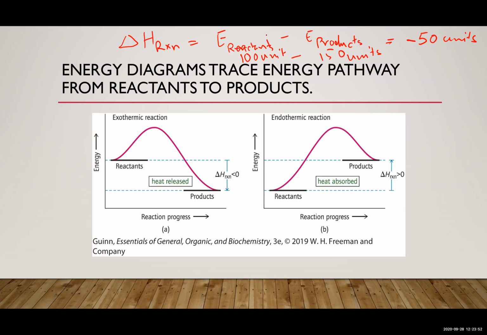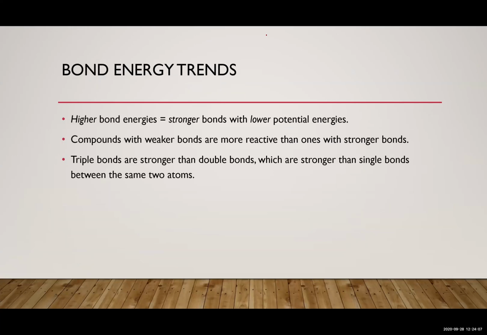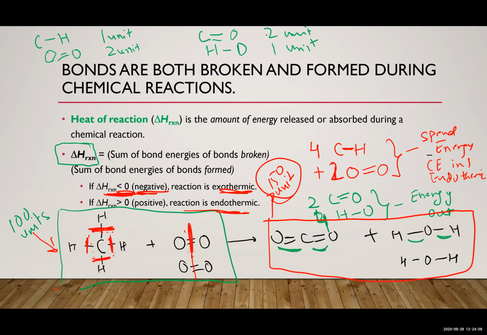If the difference comes out to be negative, then your reaction is exothermic. If the difference comes out to be positive, then the reaction is endothermic. And the bond energies you can get from this table. But make sure you account for all the bonds, which kinds of bonds are being broken, which kinds are being formed. Okay. And the equation must be balanced.